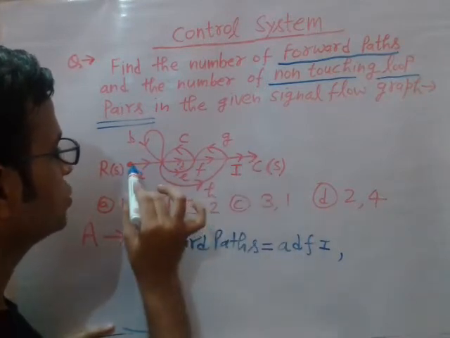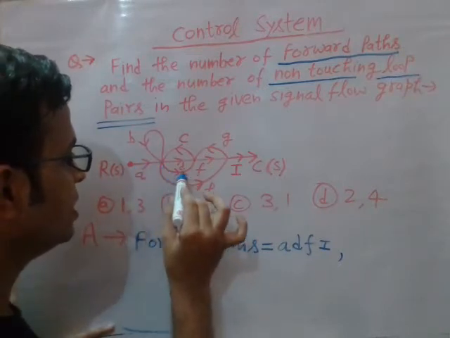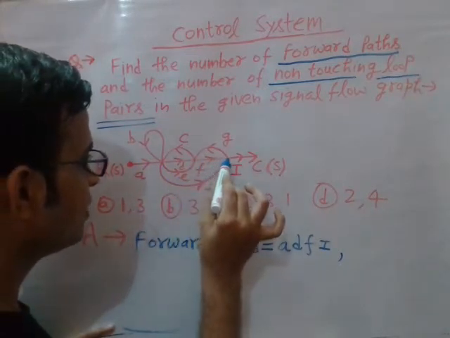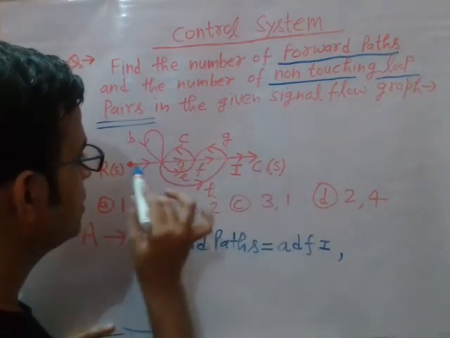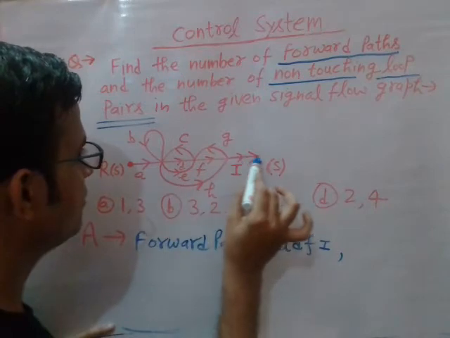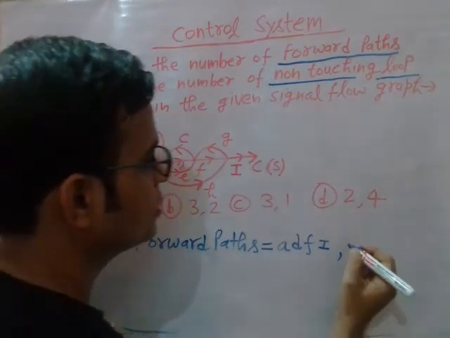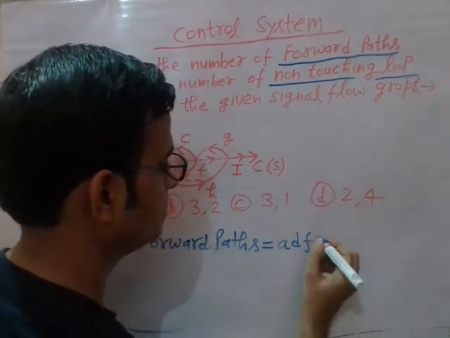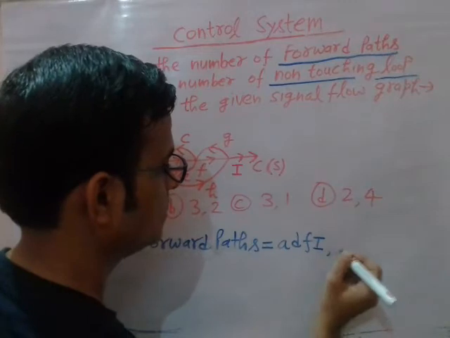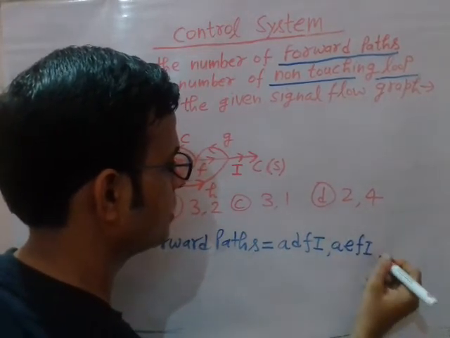So another forward path will be A, E, F and I. So write another forward path: A, E, F, I.